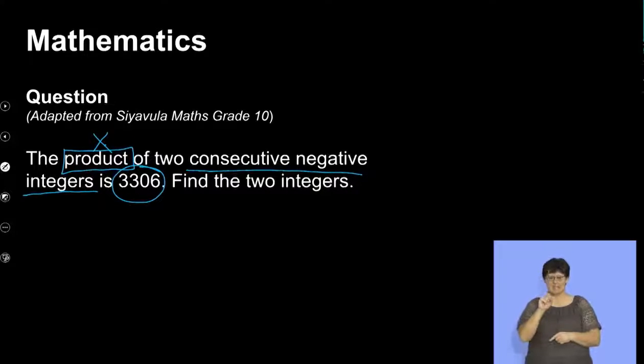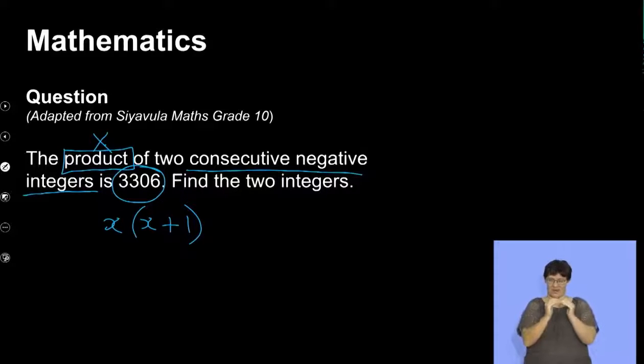What does this mean? It means that if I have, we're still going to use x and x plus 1, right? The product of these two. Consecutive means one is one more than the other. So this one here, let me highlight it for you. This one is one more than the previous term. That's what consecutive means.